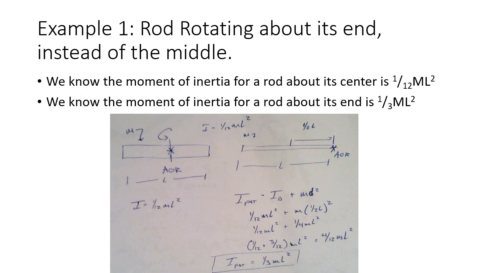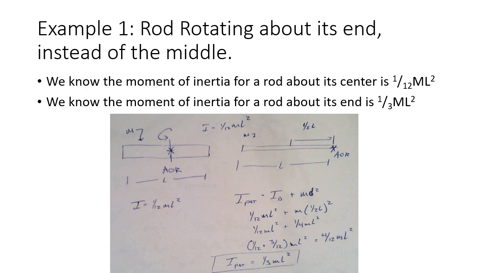Now, if I decide instead that I want to tack the rod up and let it swing from its right end, as I've noted in the right side of the picture there, I've moved the axis of rotation out there. Well, I can't say that the moment of inertia is 1/12 ml squared anymore because it's not working that way. Because it's not spinning around that middle spot. Its axis of rotation is no longer at its center of mass.